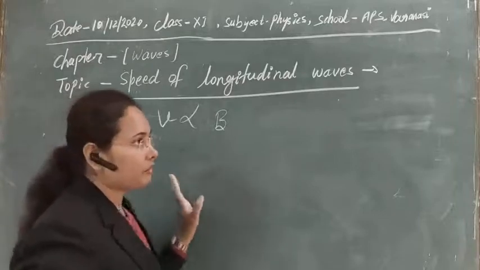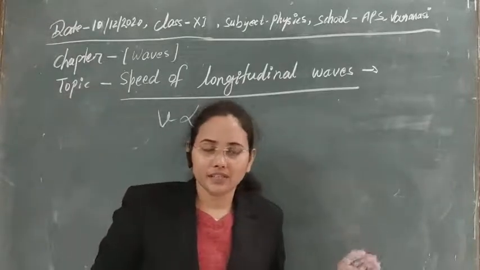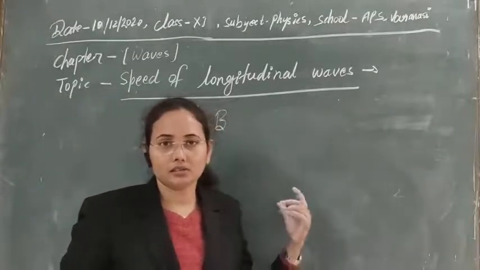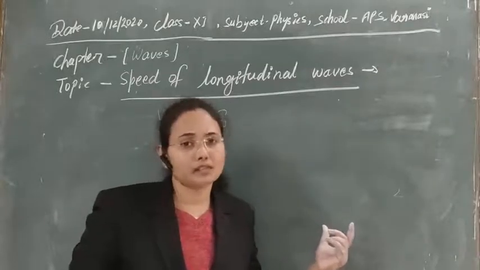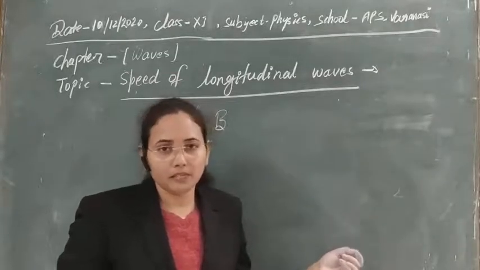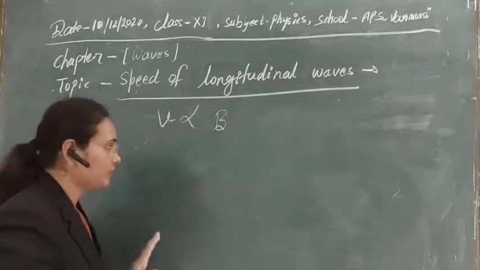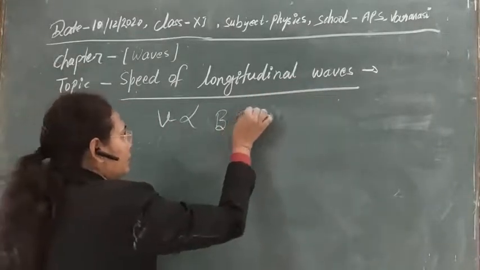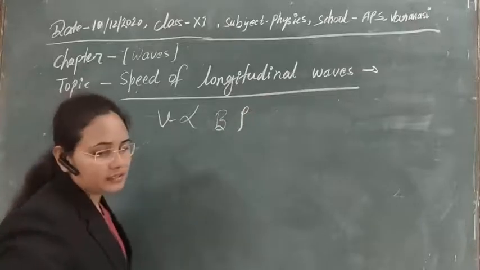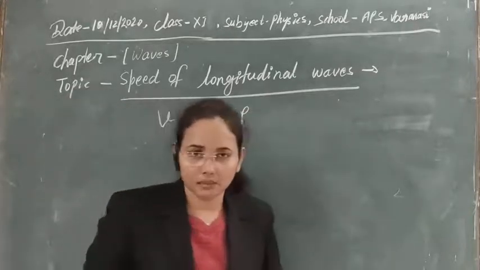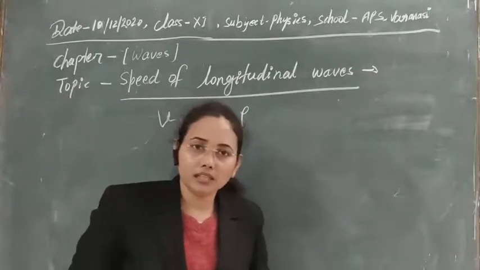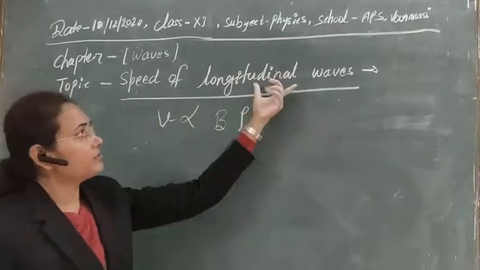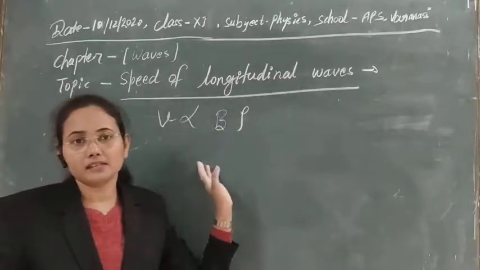Why am I not using K? Because we have used K for the propagation constant, so you would be confused. So I have used B here for the bulk modulus. And the second factor is the density of the material of the medium. So the longitudinal waves produced in a solid depend on these two factors.